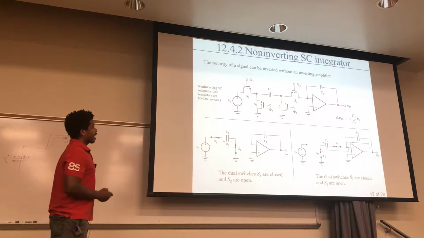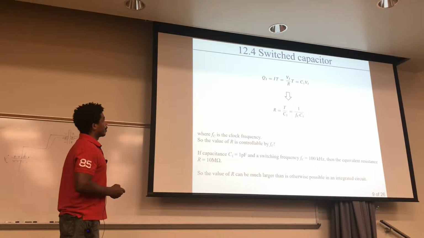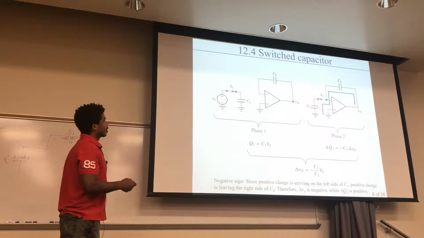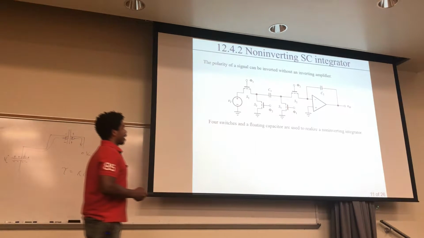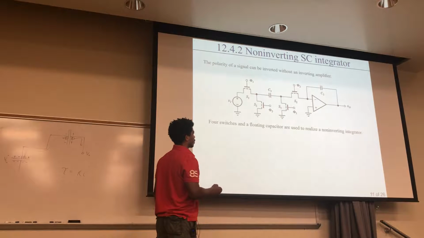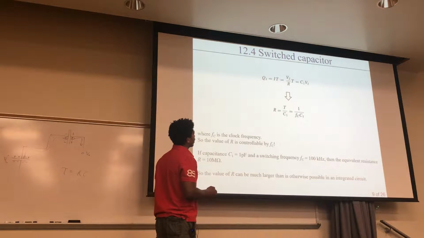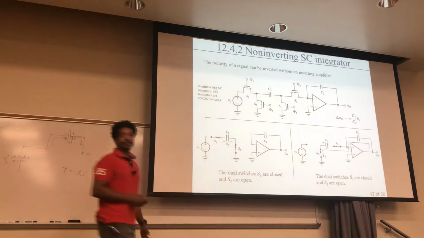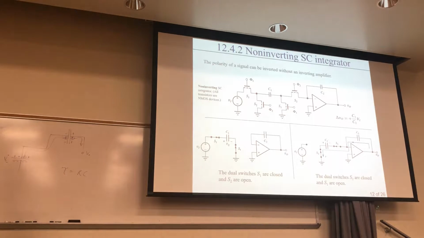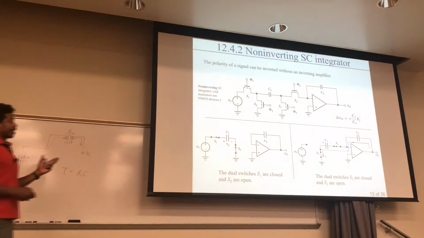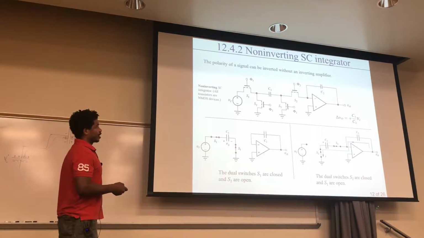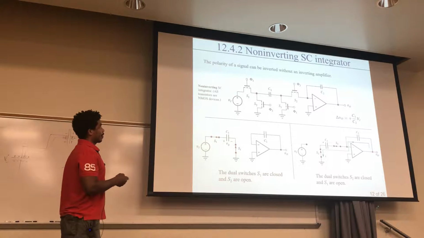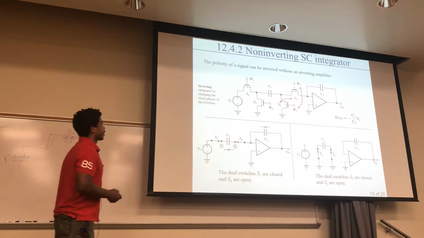Okay, so remember in the last one, we had current flow going this direction. Now we have current flow going this direction. So that's one thing, right? But we can change this direction by just changing how these switches operate, like this.